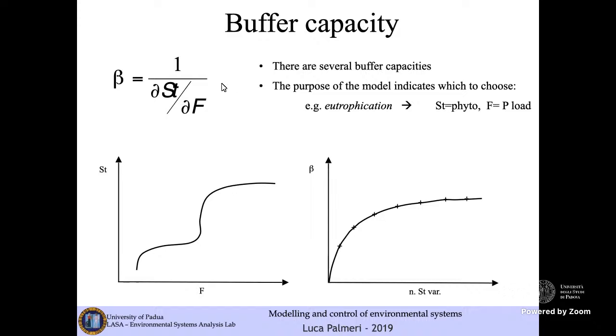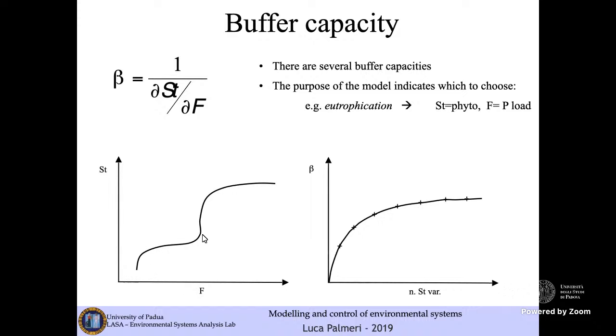Then you may introduce a buffer capacity in terms of how much the value of a state variable varies as a consequence of the variation of the forcing function. For example, you plot the state variable as a function of the forcing function.